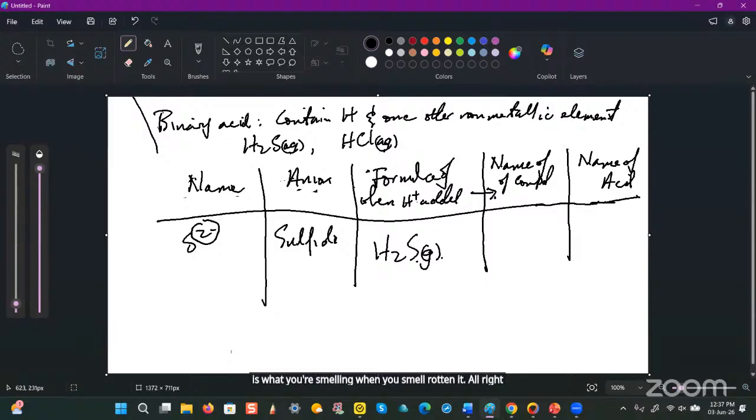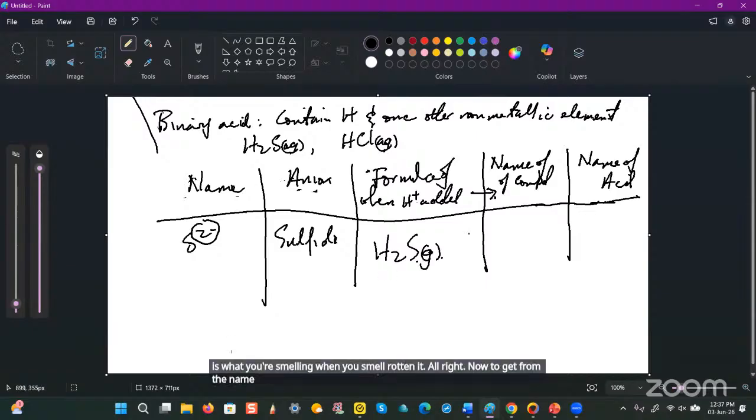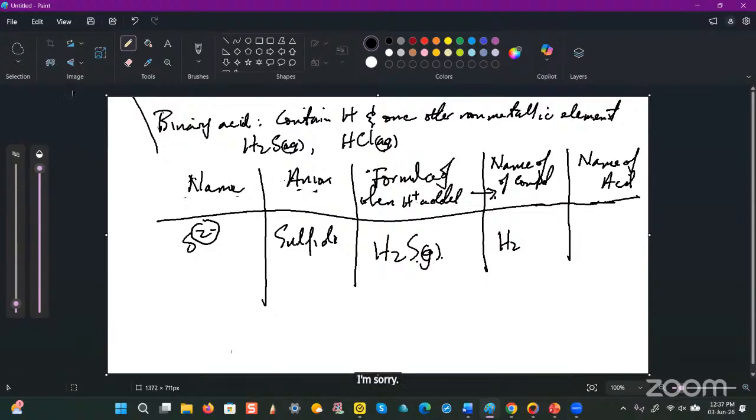Now, to get from this compound to the corresponding acid, what you'd have to do is add it to water. So it becomes H2S aqueous, all right? So to get from H2S gas to H2S aqueous, you add it to water, right?